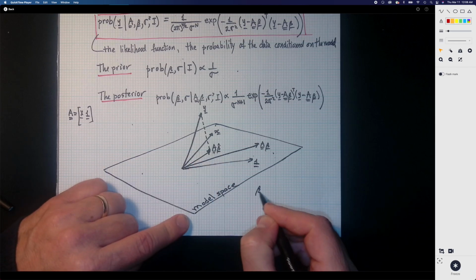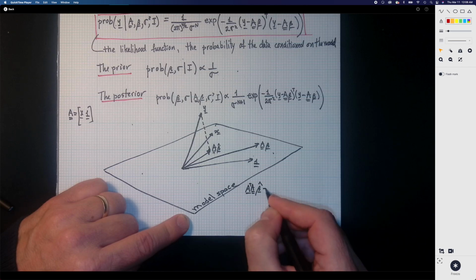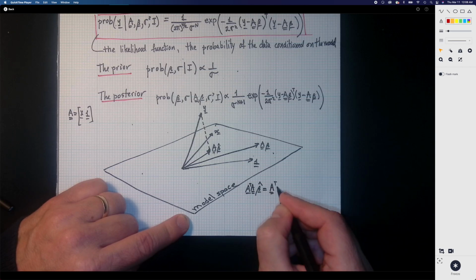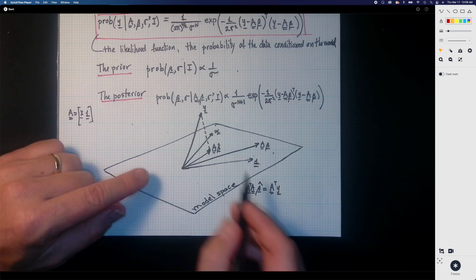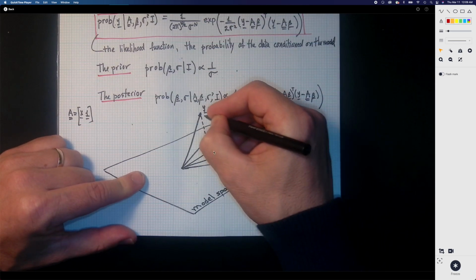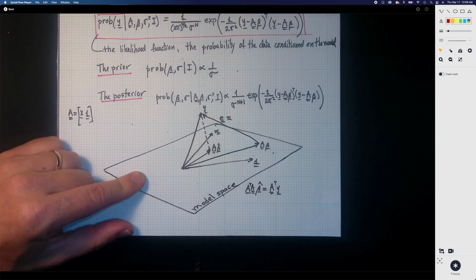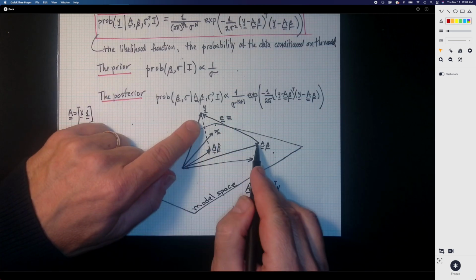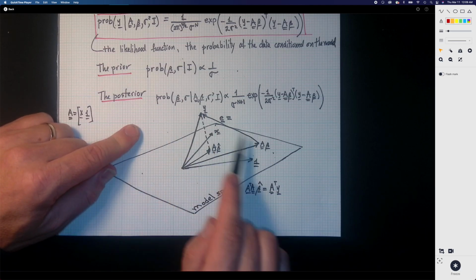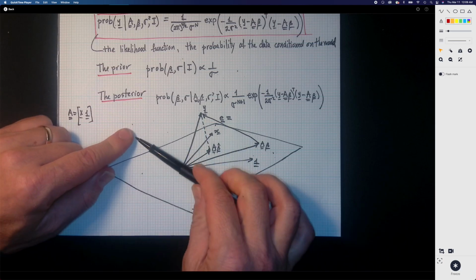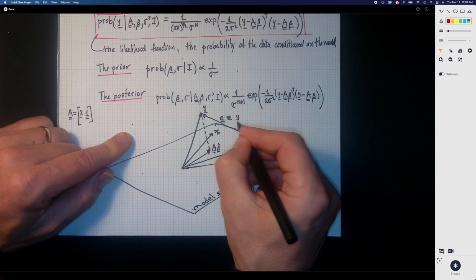So beta hat is the solution to A transpose A beta equals A transpose Y. And then this vector from here to here is the error vector, which is equal to Y minus A beta. If I go from Y and then subtract A beta, I end up here, which gives me a vector which is the same as the vector E. So this is Y minus A beta.